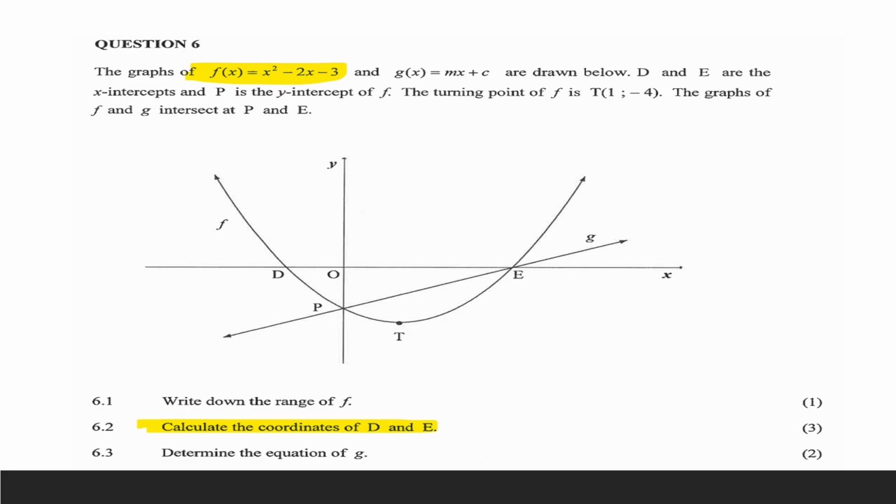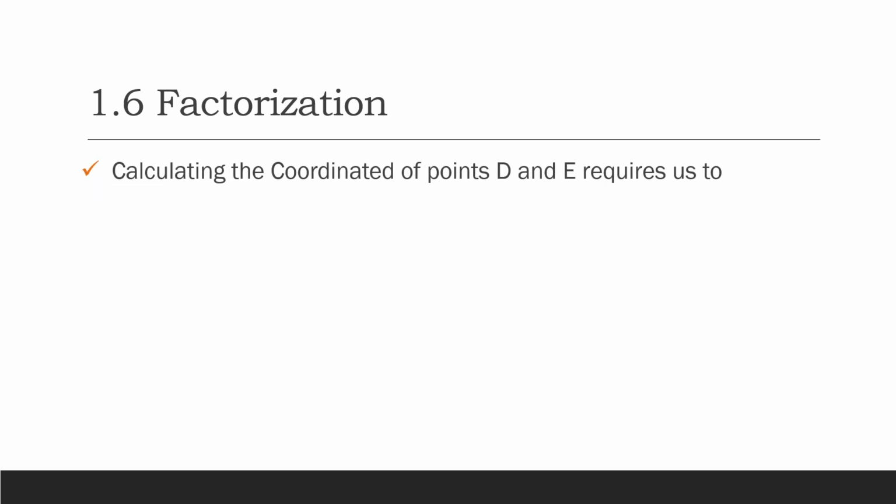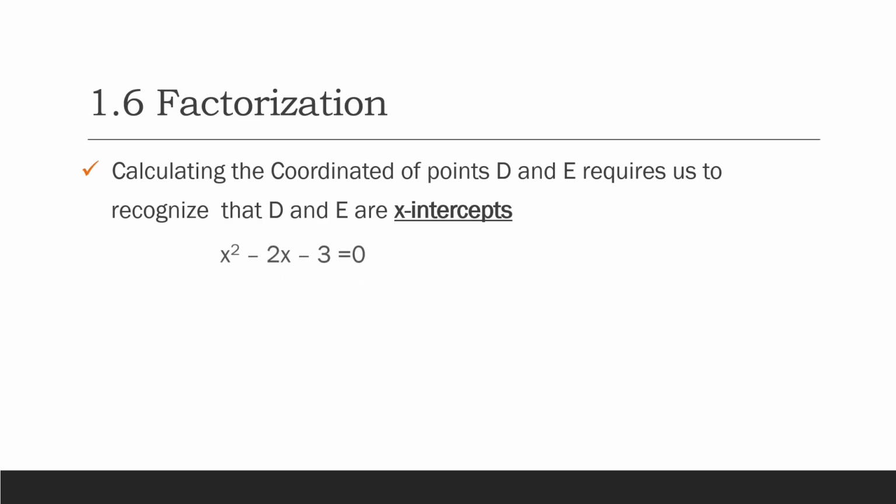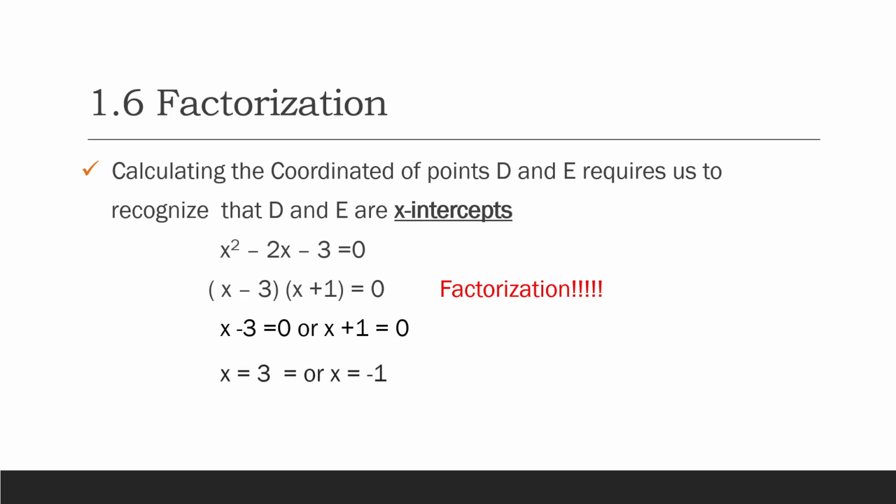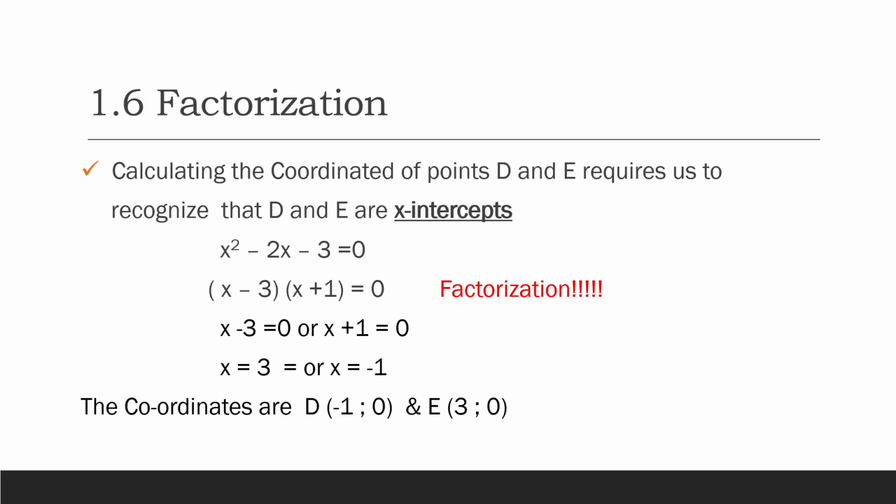Now, the problem we're given here requires you to calculate the coordinates of D and E on the given graph when you're given that equation. For you to solve that, you should be able to factorize and recognize that D and E are x-intercepts. In solving that, it makes your life easier to achieve the goal that you are requested to reach.